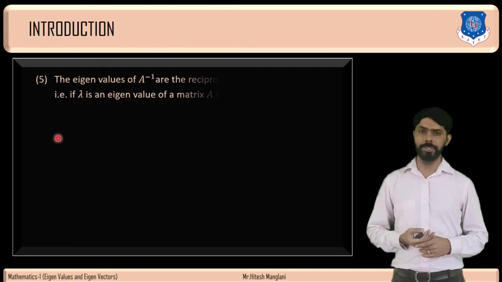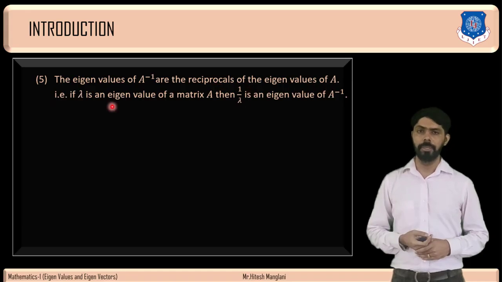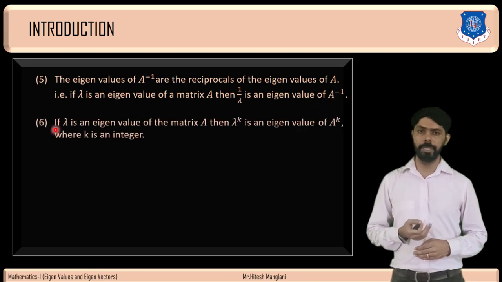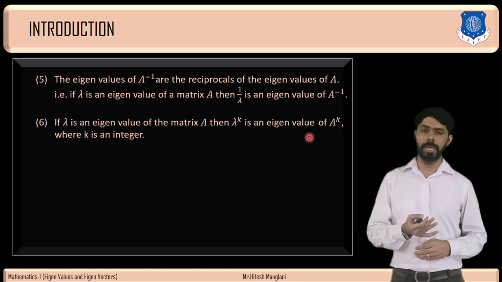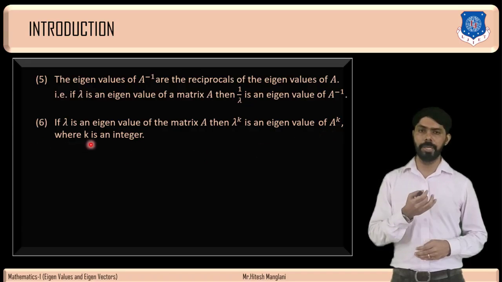Fifth property: the eigenvalues of A inverse are the reciprocals of the eigenvalues of A. That is, if lambda is an eigenvalue of a matrix A, then 1 upon lambda is an eigenvalue of A inverse. Sixth property: if lambda is an eigenvalue of the matrix A, then lambda raised to k is an eigenvalue of A raised to k, where k is an integer.